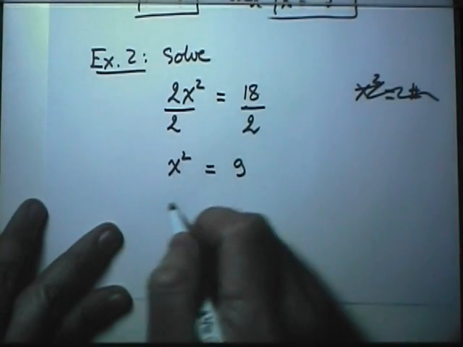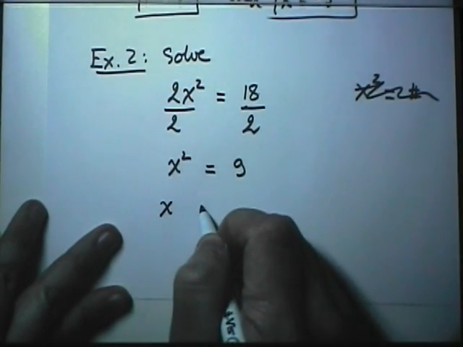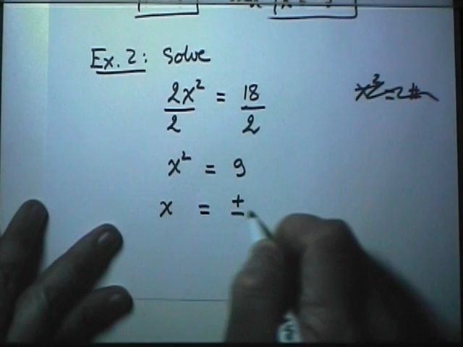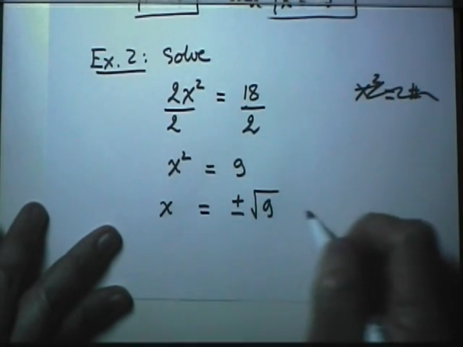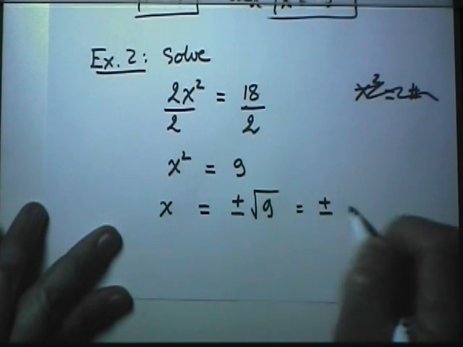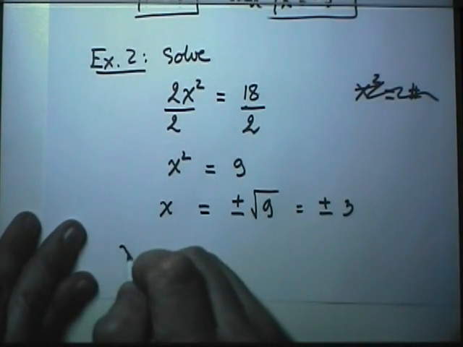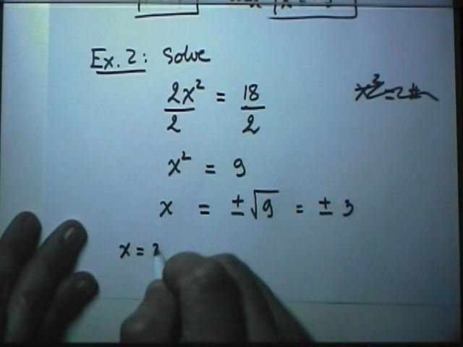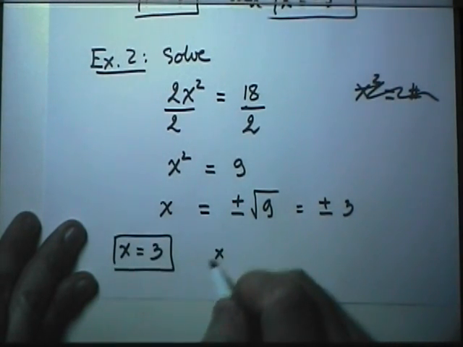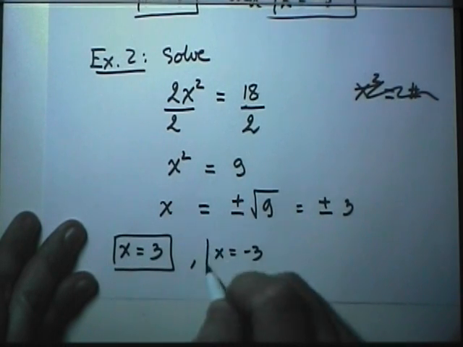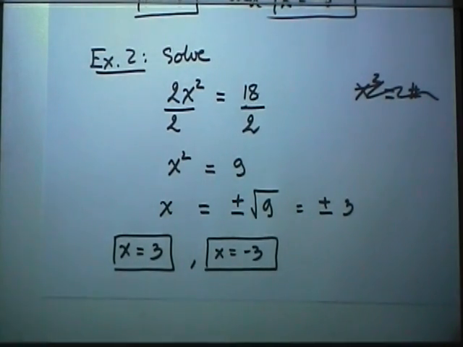So x equals plus and minus the square root of 9, which equals plus and minus 3. So one solution for x is x equals 3, and the other is x equals minus 3. Those are our solutions to this problem.